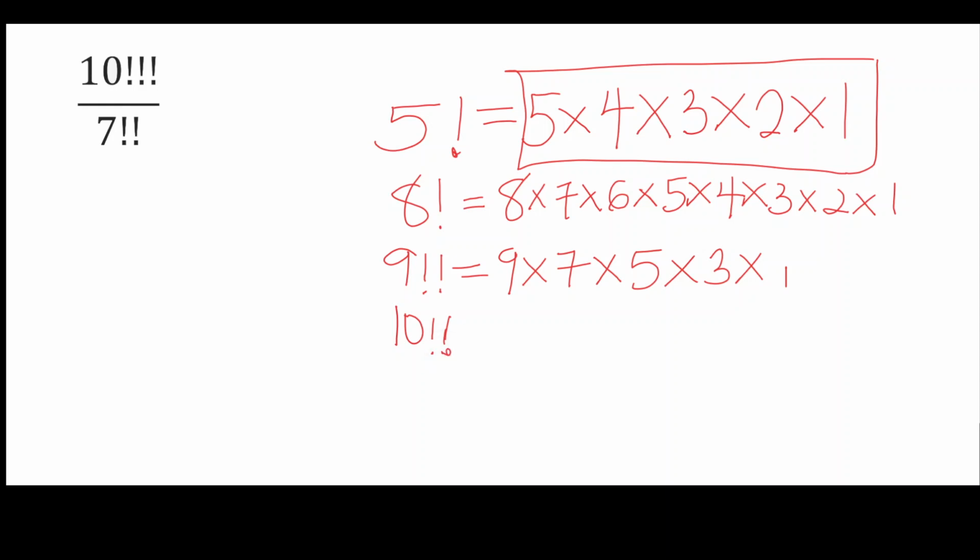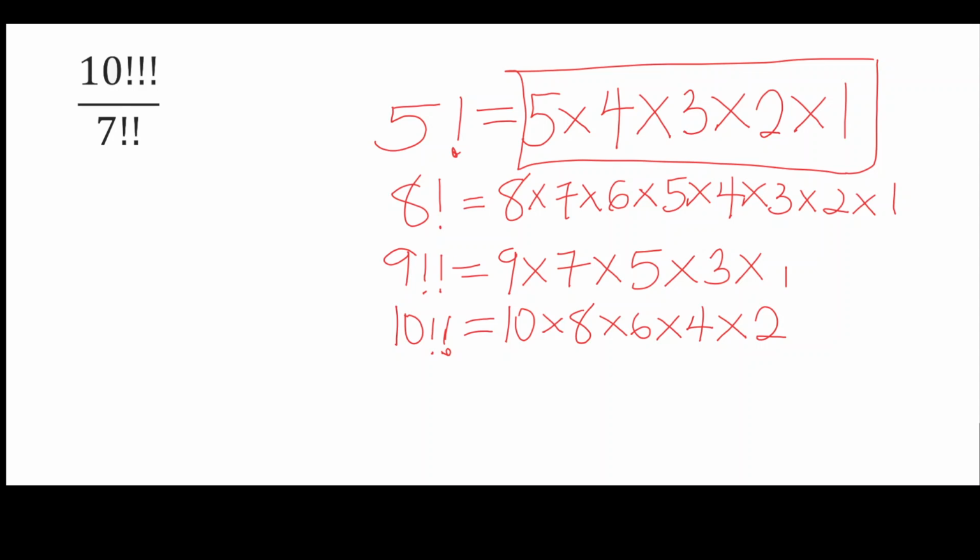It's going to be equal to 10, we're starting from 10, then multiplying by 8, then by 6, then by 4, then by 2. I'm going to be stopping at 2 because the next should be 0 and I can't multiply by 0.